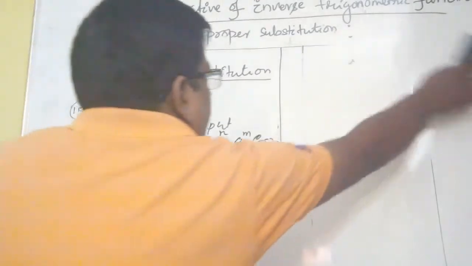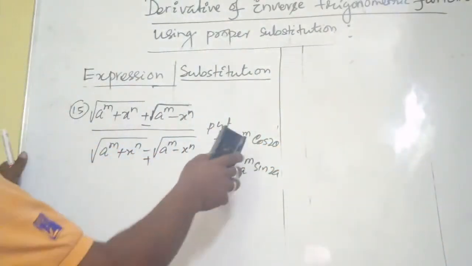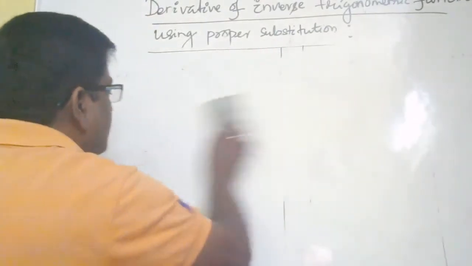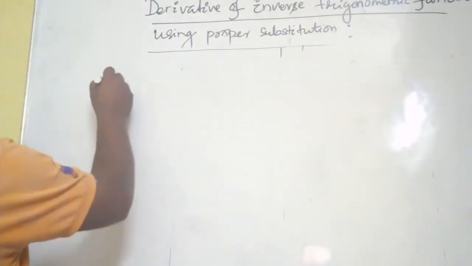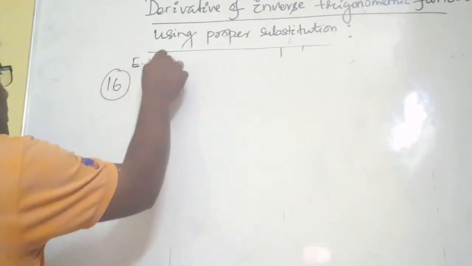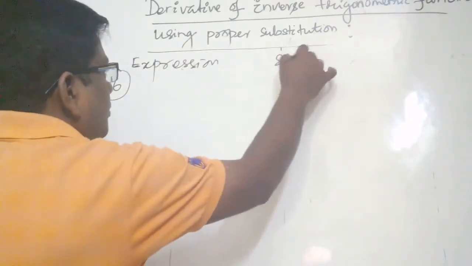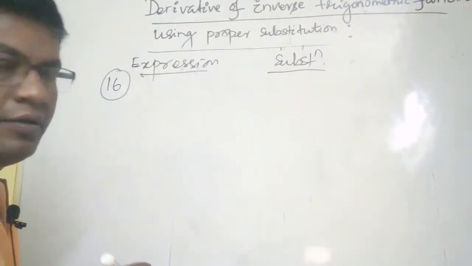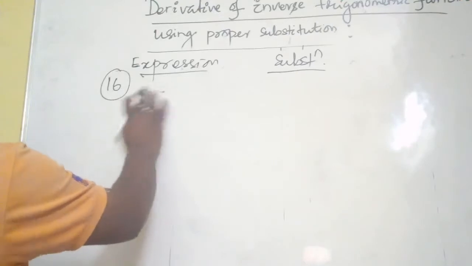Question 16: this is expression and this is substitution. 16 is 2x square minus 1, I will write down.